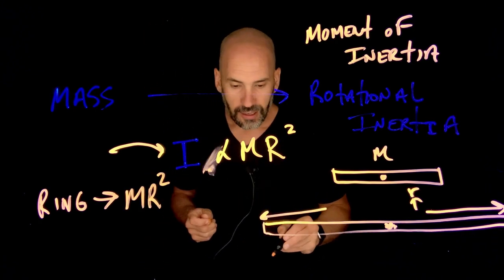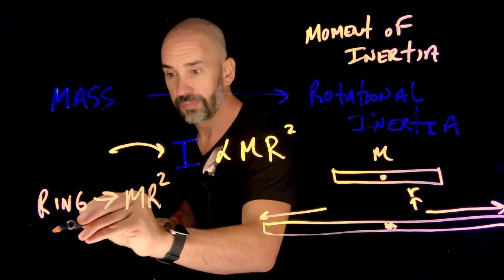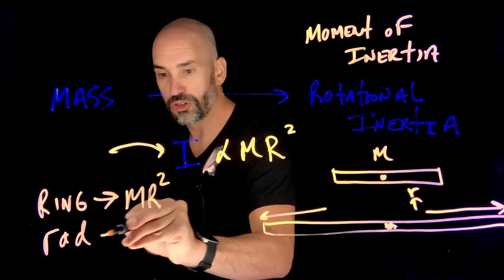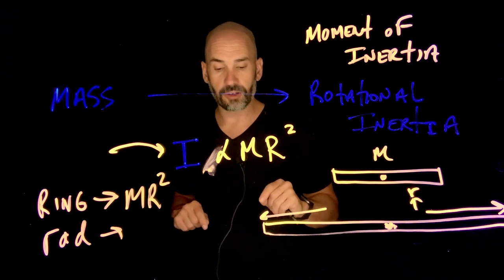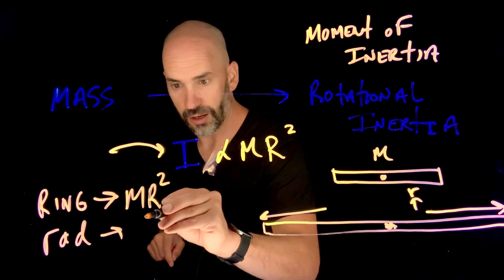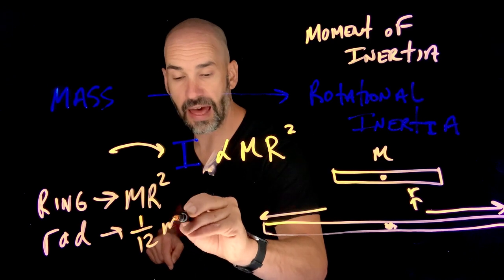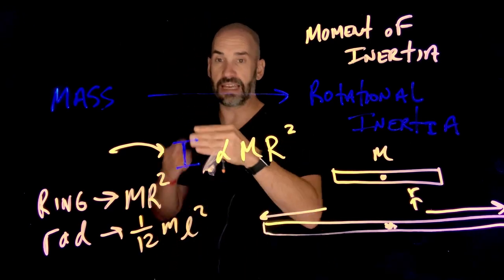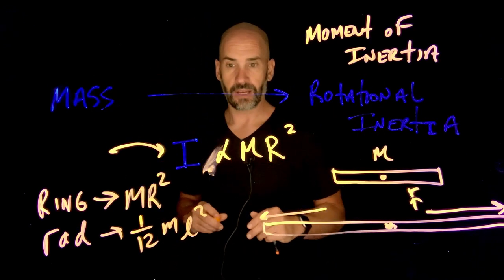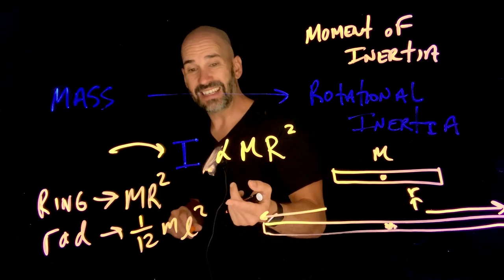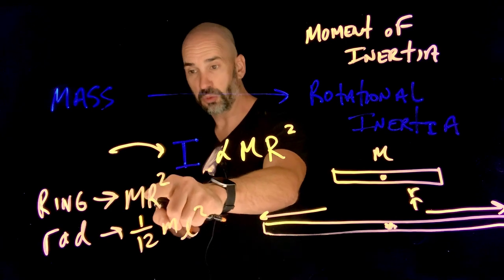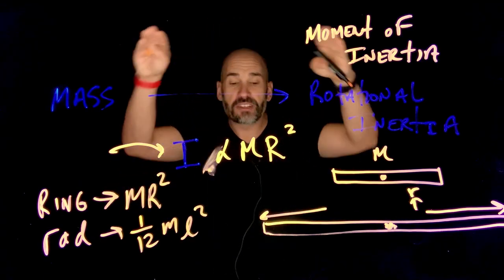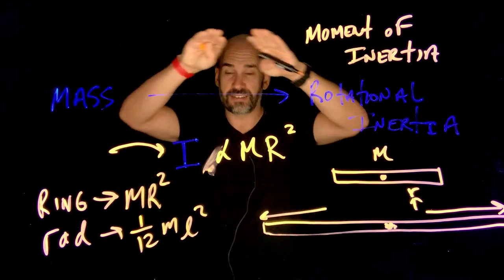But for an object like a rod, straight through the middle of that rod, you are going to have a moment of inertia of 1/12 ml squared, where L is the length of that rod. Okay, so as you can see, this will have less rotational inertia than this will, because the ring has all its mass concentrated at a distance r.